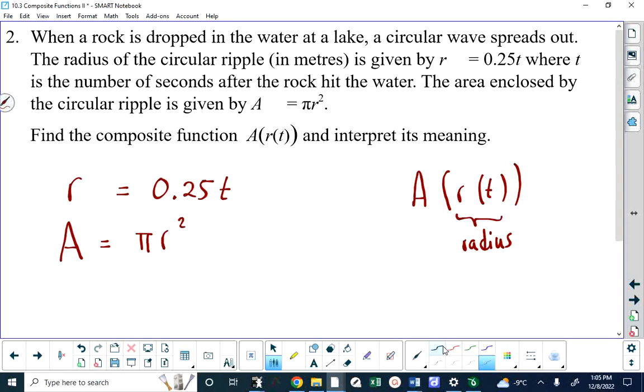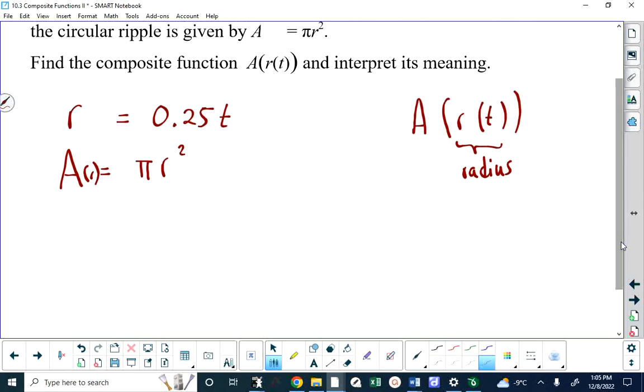What this is asking you is not to have area as a function of radius, but to find area as a function of time. And one other way to look at it is this is saying take time and feed it through the radius function to get a radius, and take that radius and feed it through the area function to get an area.